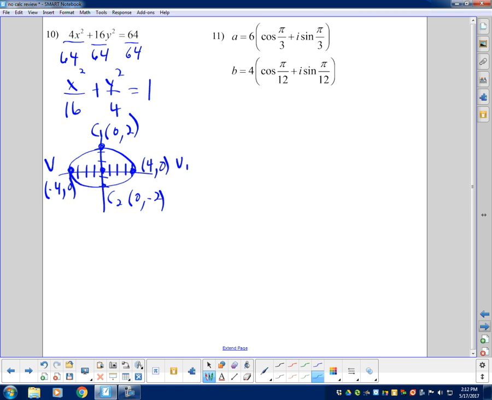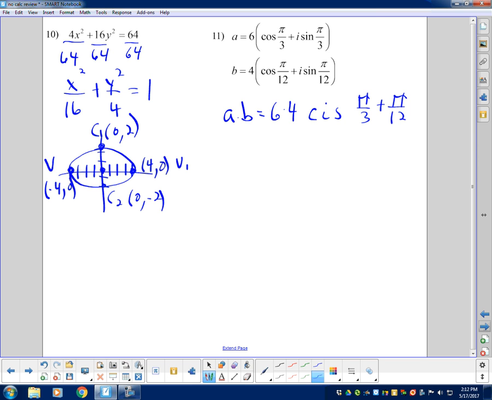All right, number 11 says given A is equal to that and B is equal to that, we're going to find A times B in polar form. So A times B is equal to the product of 6 times 4 times, I'm going to use our shorthand. It's cis, which stands for cosine of an angle, plus i sine of an angle, so cis. And what we're going to do with these is add the two angles.